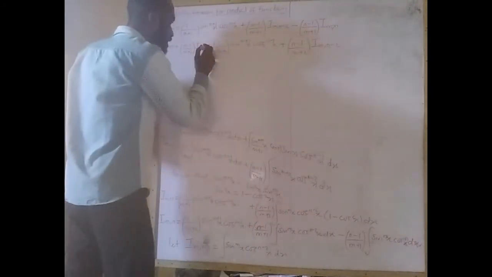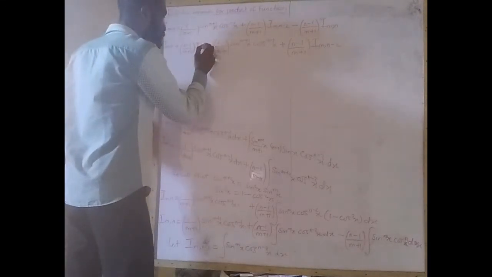If I simplify this, my left hand side, I can factorize out I(m,n).